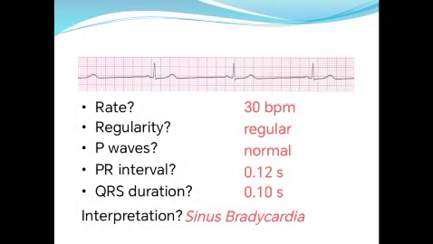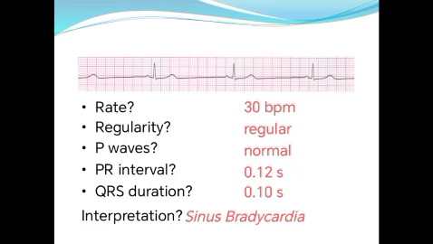In a simple way, here is an example where we want to count the rate. It is about 30, the rate here is about 30 using the 300 rule. And the regularity, now here you see it's regular, and the P wave is normal, and the PR interval is about 0.12, and the QRS duration about 0.10 seconds.